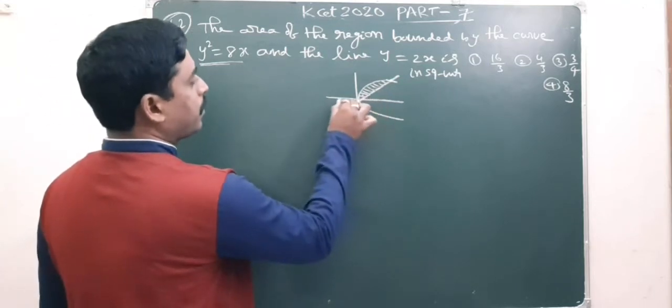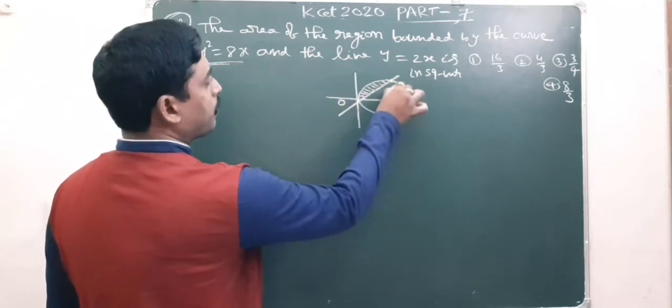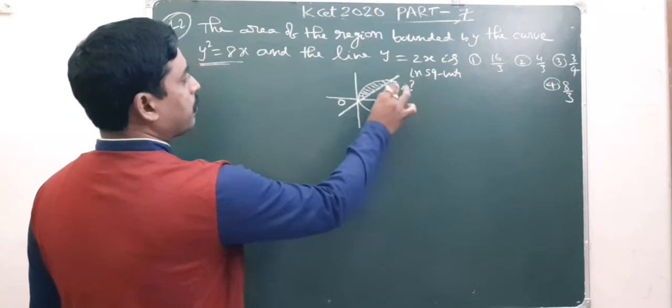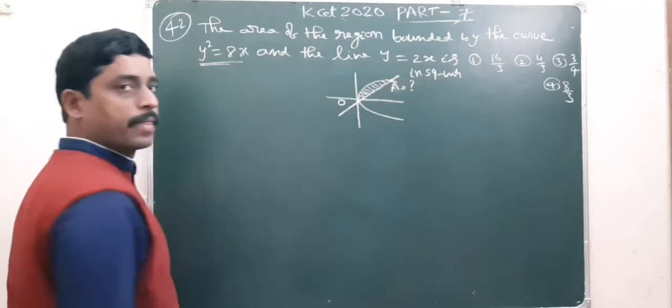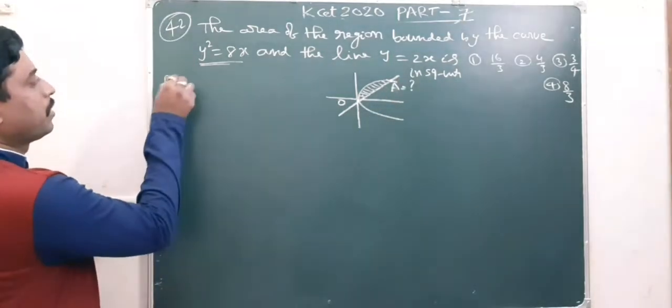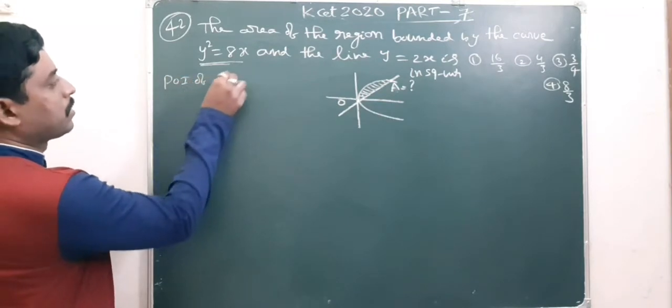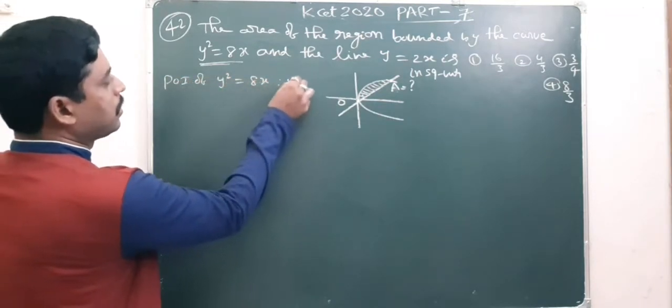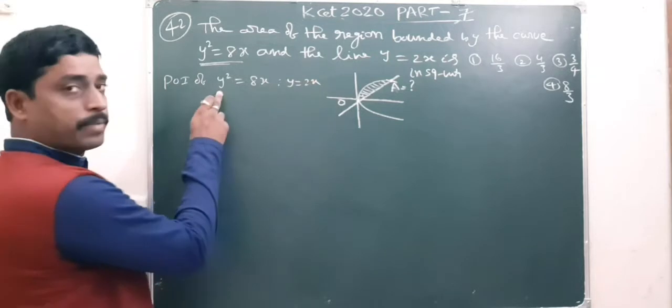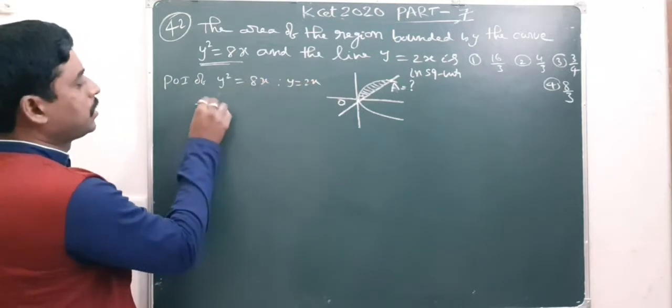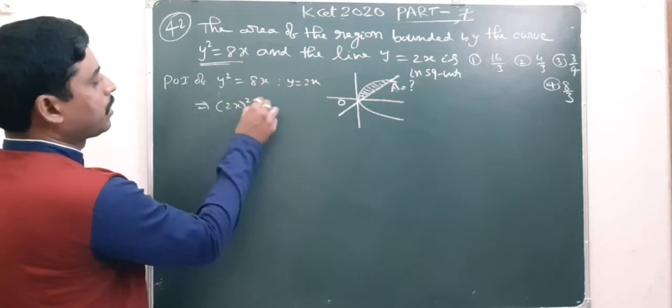First we have to find, one point is origin, second point is A. First we have to find A. So the point of intersection of y square is equal to 8x and y is equal to 2x. In y place, 2x substitute, this is 2x whole square is equal to 8x.